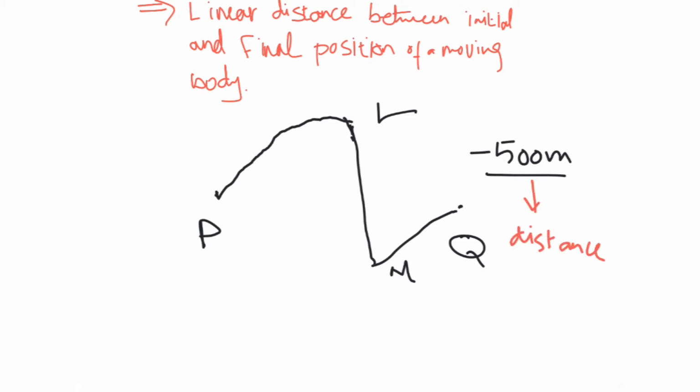And the displacement is the linear distance between the initial position and the final position of a moving body. So the displacement would be this straight line from point P to Q.